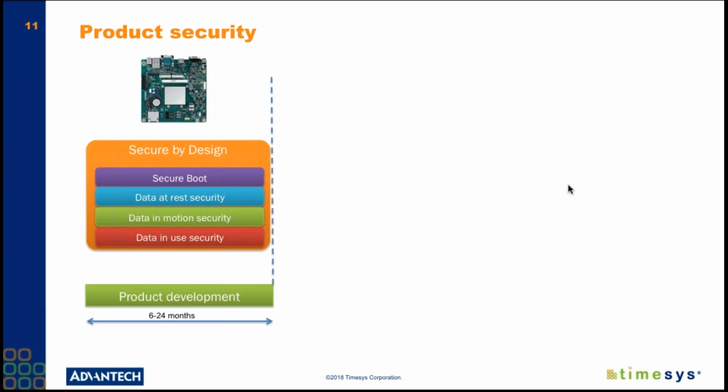So terms such as secure boot, data at rest security, data in motion security, and data in use security are typically on our minds when we are implementing the software.